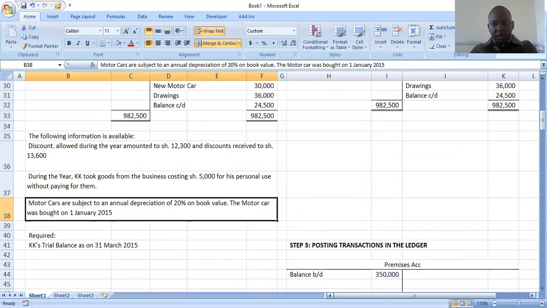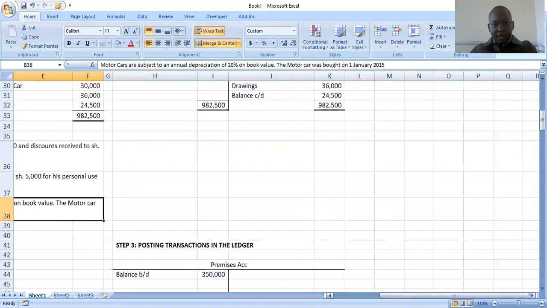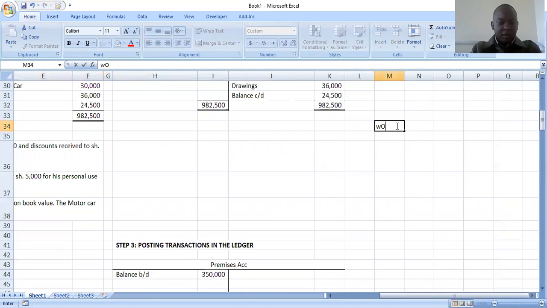Let me show a working here. I hope you can see that. The working is the depreciation on motor vehicle.